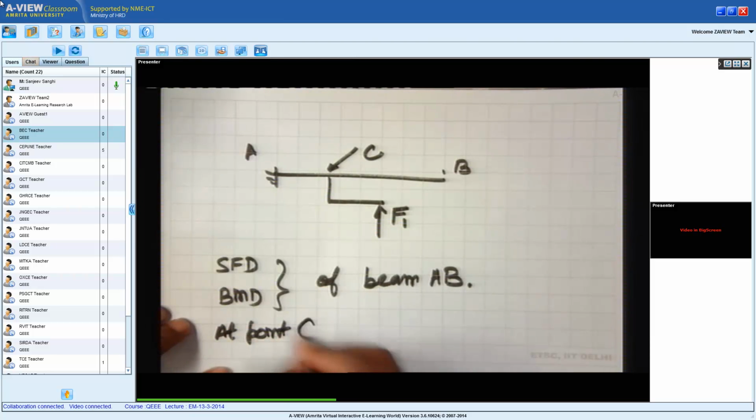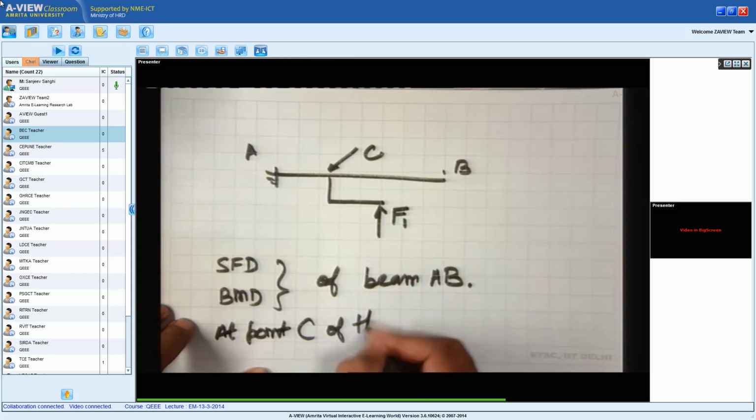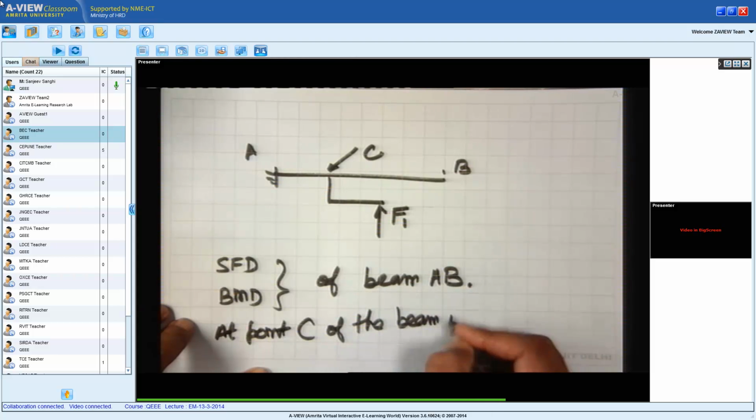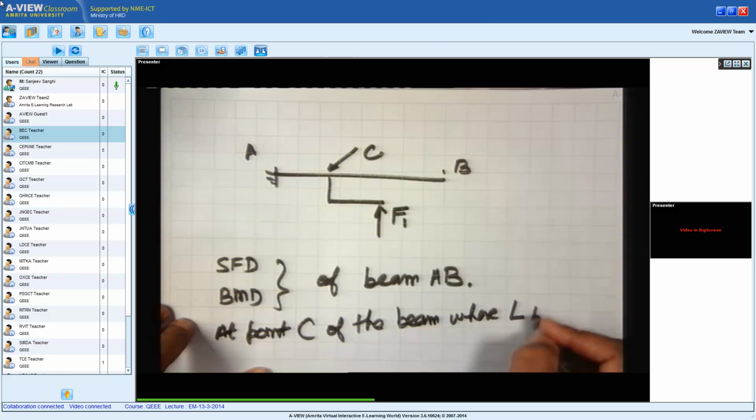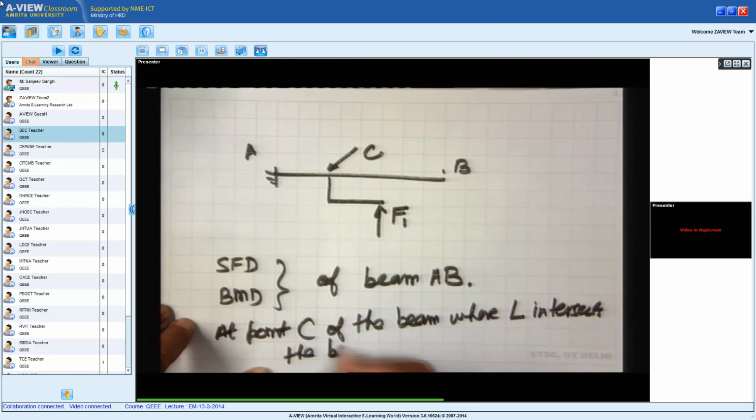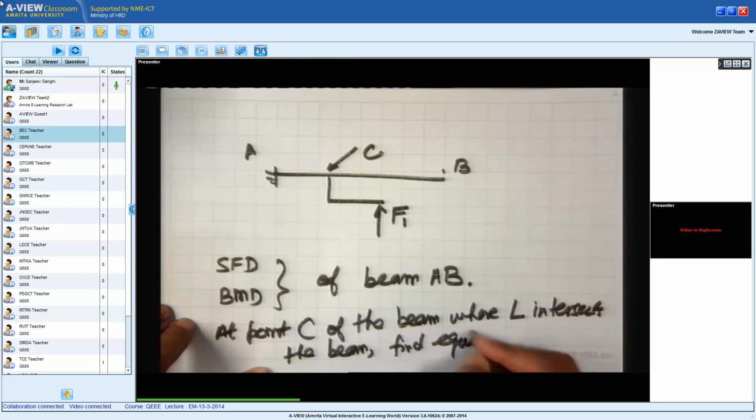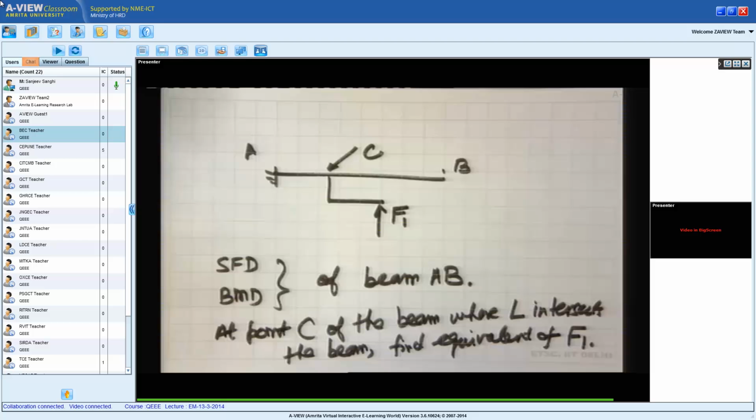At the point C of the beam, where the L intersects the beam, we find the equivalent force system due to F1.